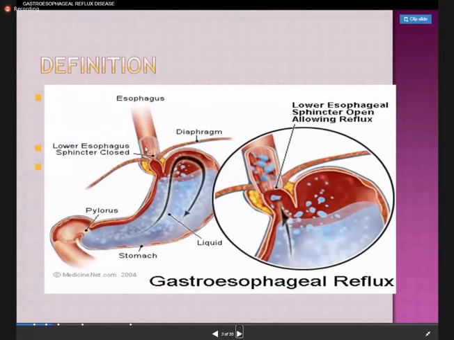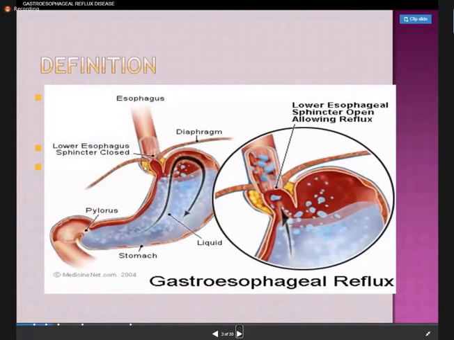So this is the basic diagram in which you can see the esophagus, which is the food pipe, and it enters the stomach. These two crura which you are seeing right now are the crura of the diaphragm. At the same place where these crura of the diaphragm are, the lower esophageal sphincter is there.